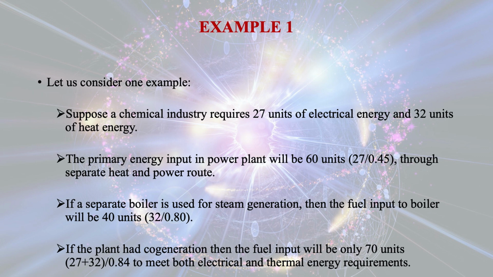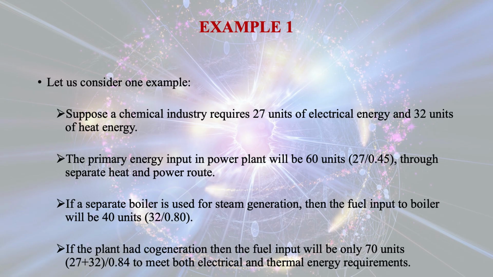Now let us discuss the same point for your more clarification. Let us consider one example. Just now we have mentioned, suppose a chemical industry requires 27 units of electrical energy and 32 units of heat energy.